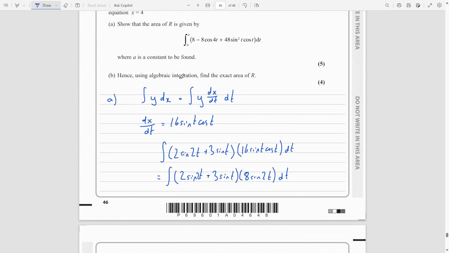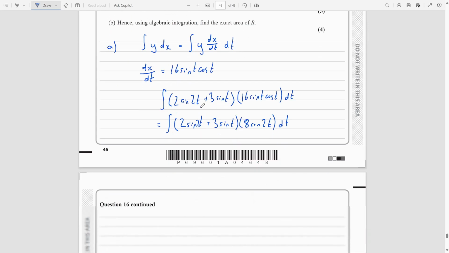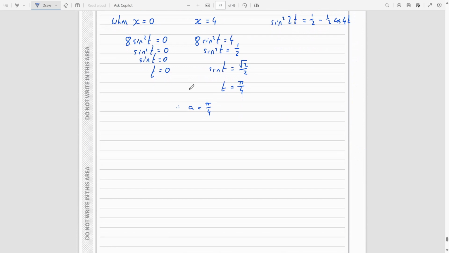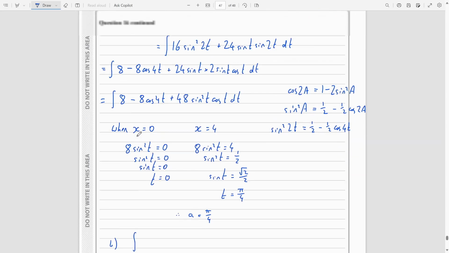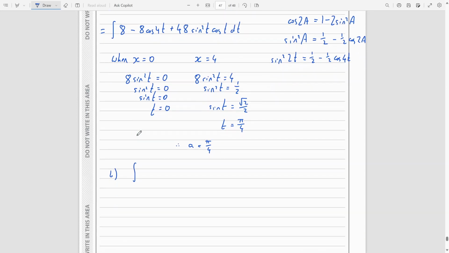Okay, hence, using algebraic integration, find the exact area of R. So let's just start afresh. What we're trying to integrate is the integral from 0 to pi over 4 of 8 minus 8 cos 4t plus 48 sine squared t cos t dt.